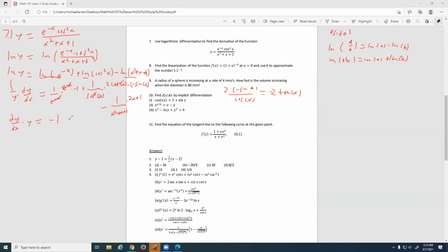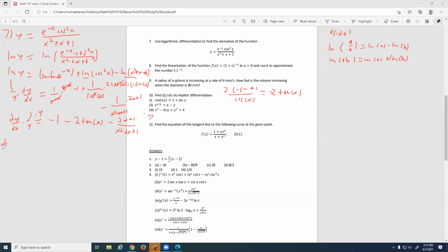So this whole term here will just simplify to minus 2 tangent x, and then minus 2x plus 1 over x squared plus x plus 1. And then from here, oh shoot, I messed up the left-hand side. Should have just left it as normal. This is 1 over y.